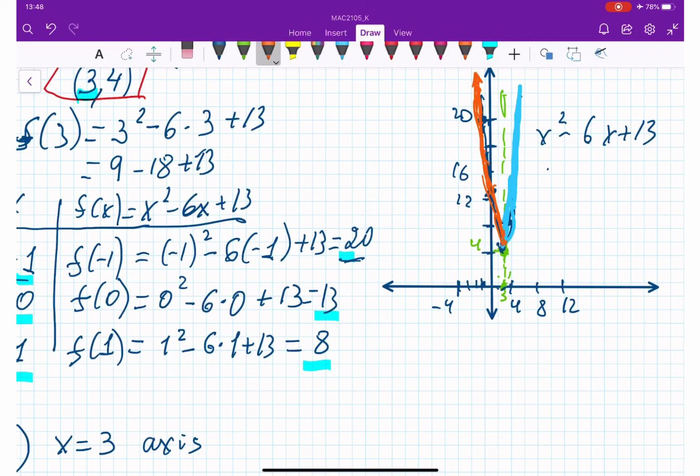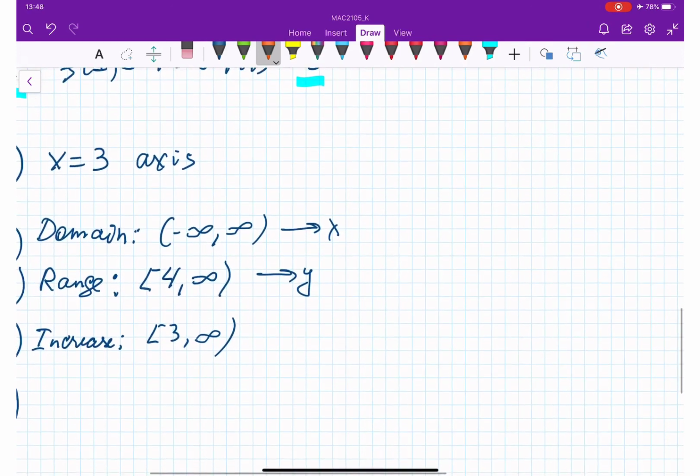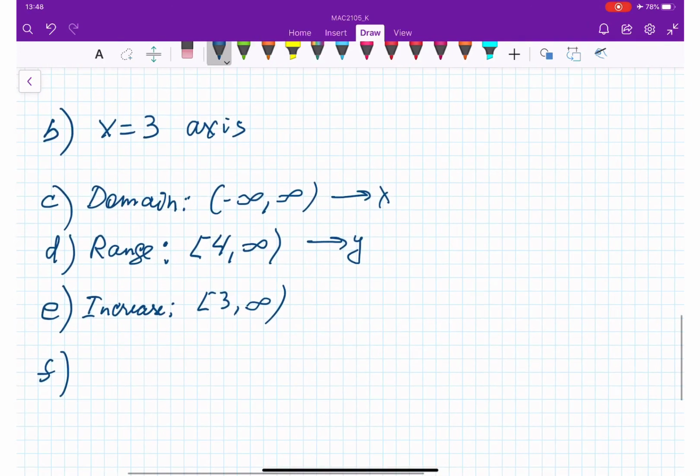It's on the territory of x, from negative infinity for x all the way till 3, which means decrease. It's gonna be, oops, infinity we never put in square bracket, so it's going to be negative infinity, and it's ending at positive 3, and we put square bracket because positive 3 is included, right?